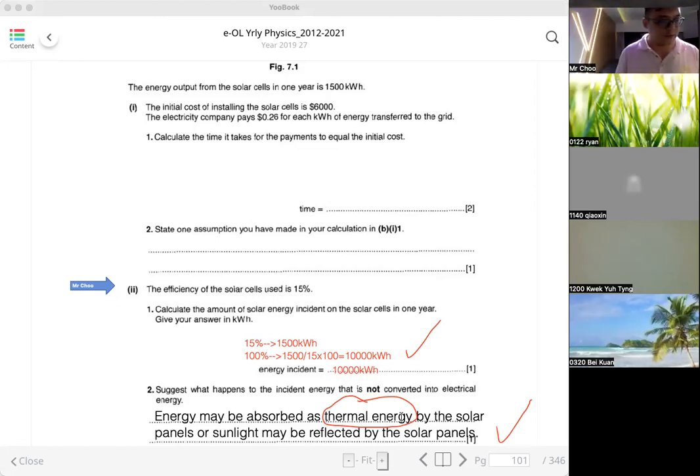Use thermal energy. Okay, let's do the next question.